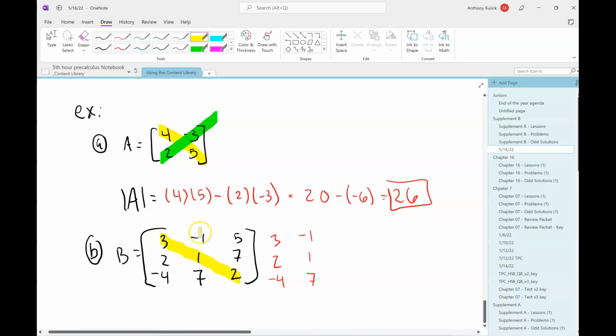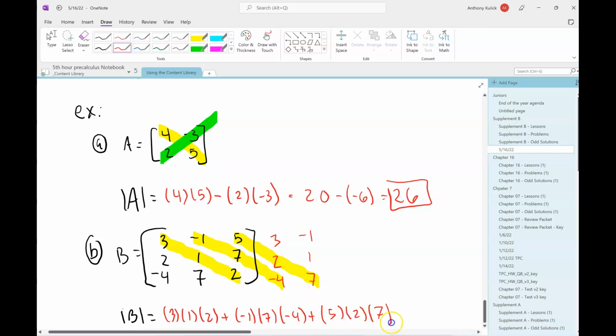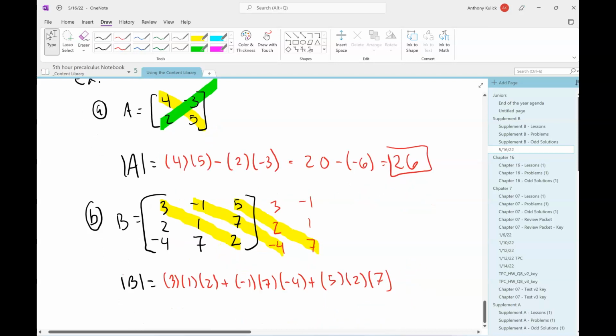Then we're going to add up the product of the three down diagonals. So 3 times 1 times 2 plus -1 times 7 times -4 plus 5 times 2 times 7. And then we're going to subtract the product of the three up diagonals.